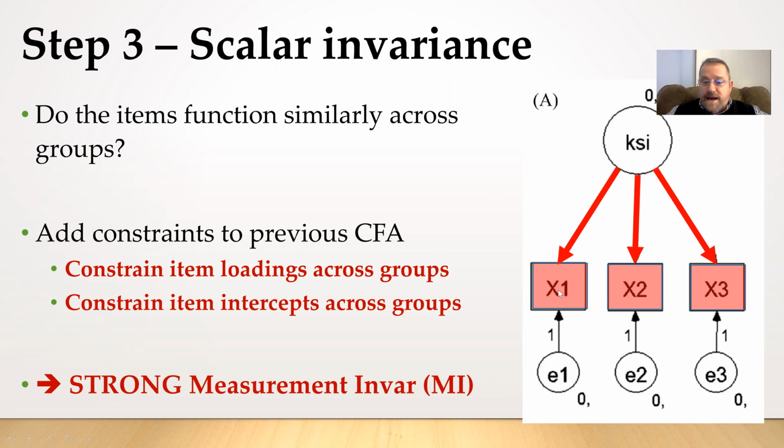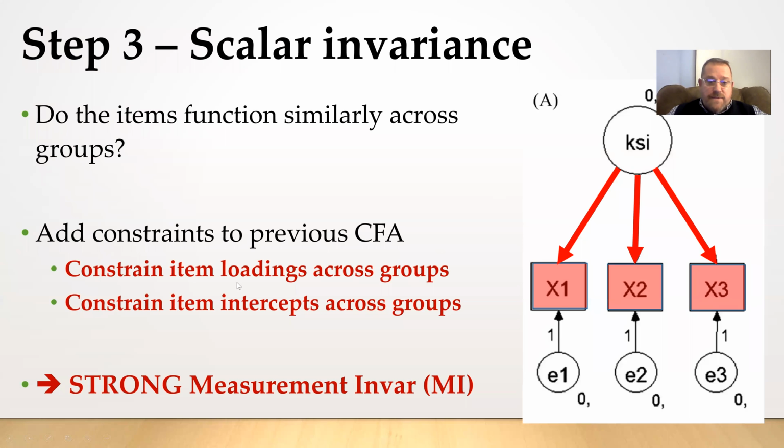It's going to try to say there should be the same average level of responding on each item in both men and women, and that might not be the case at all. Does it make sense? But for many scales where there's not some massive average difference, it's worthwhile testing this.